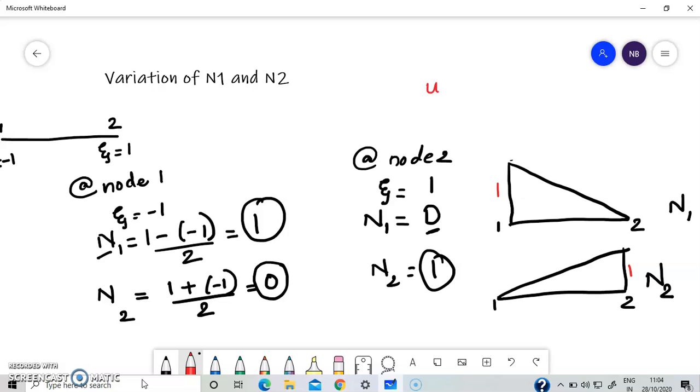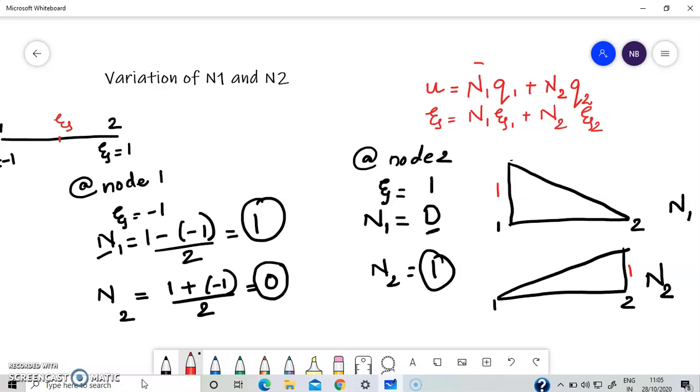So far what we have derived is, if we want to find a displacement at any intermediate point within the element, it can be given as N1 q1 plus N2 q2. Similarly, if we want to find the coordinate at any point in between the element, we can represent that as zeta equals N1 zeta1 plus N2 zeta2.